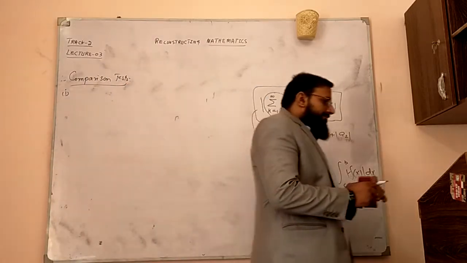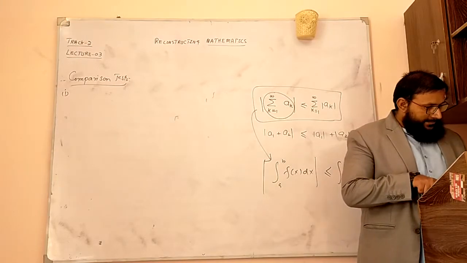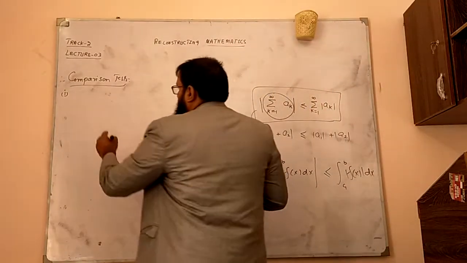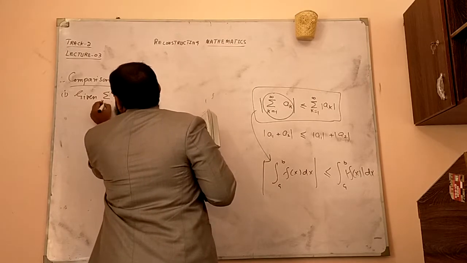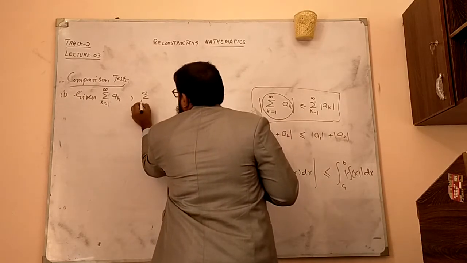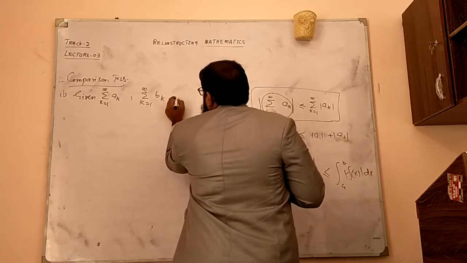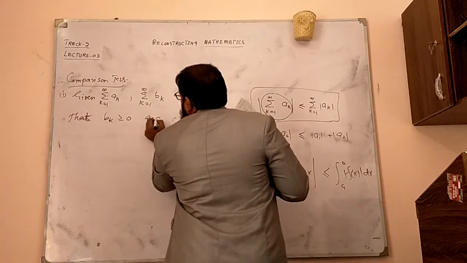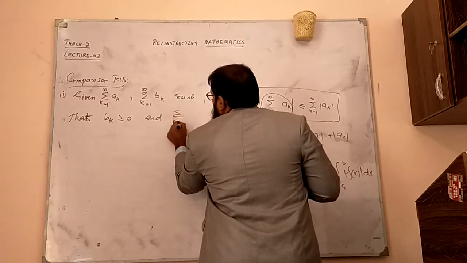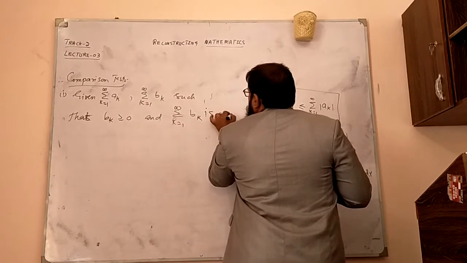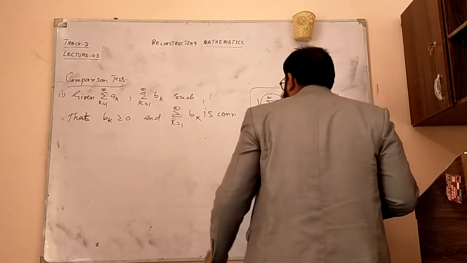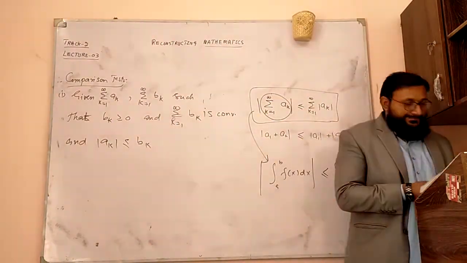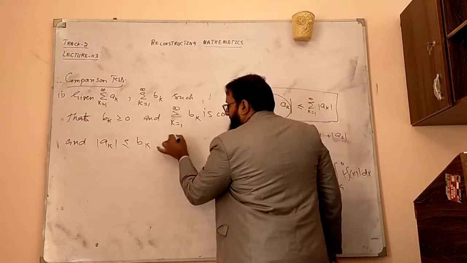Number one. Given a_k, summation k runs from 1 to infinity, and let's say b_k, such that b_k is greater than or equal to 0 and the series of b_k is convergent, and each and every term of a_k is less than or equal to b_k in the sense of absolute value, for all k.